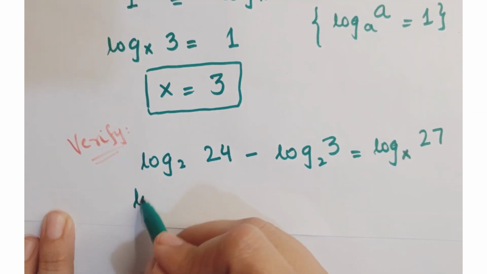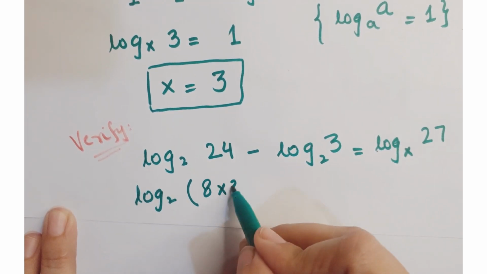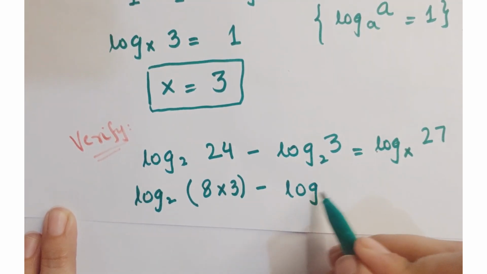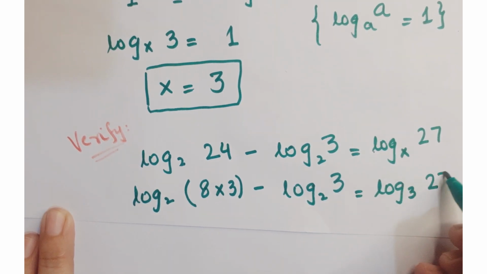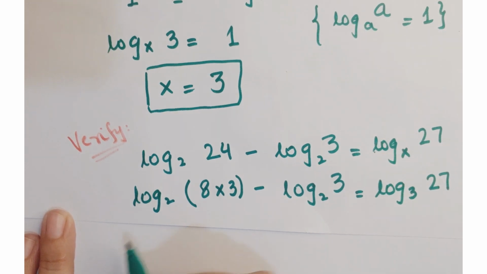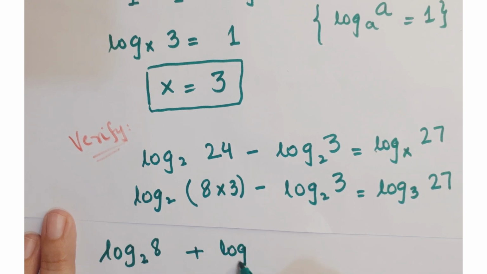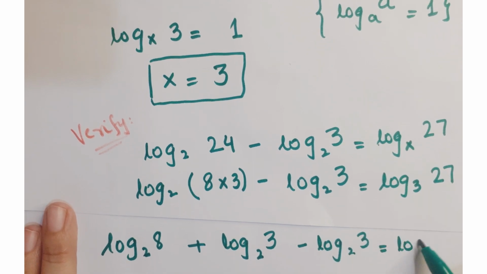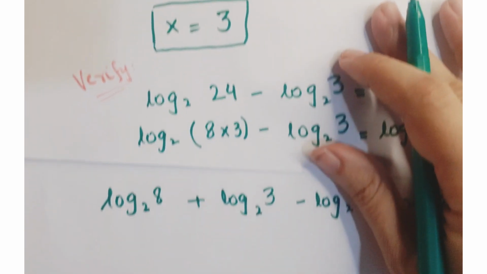Now putting the value of x, just split this 24 into 8 and 3, minus log of 3 to the base 2 is equal to log of 27 to the base 3. Now you can write this as log of 8 to the base 2 plus log of 3 to the base 2 minus log of 3 to the base 2 is equal to log of 27 to the base 3.